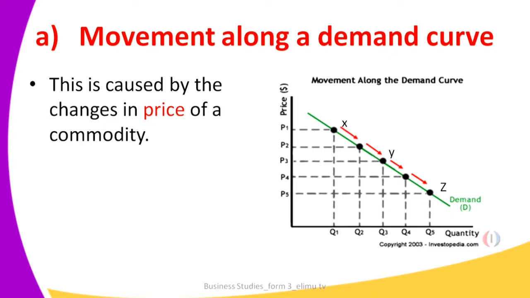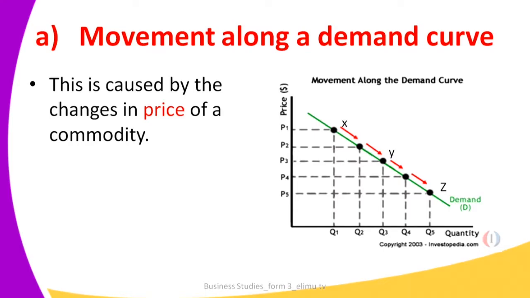So if price increases, for instance, from P3 to P1, what is going to be the effect? The effect is that the quantity demanded is going to decrease. Originally, if price has increased from P3 to P1, as a result, the quantity demanded is going to decrease from Q3 to Q1. So quantity demanded has decreased.